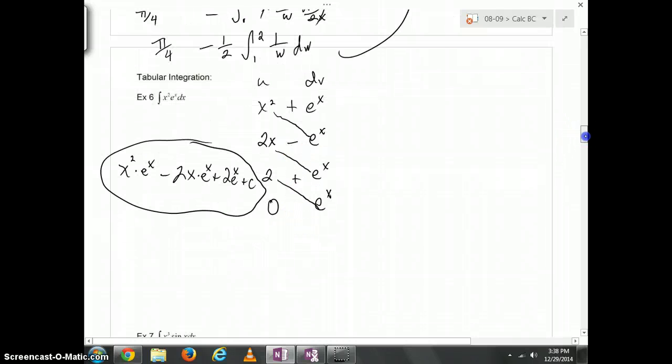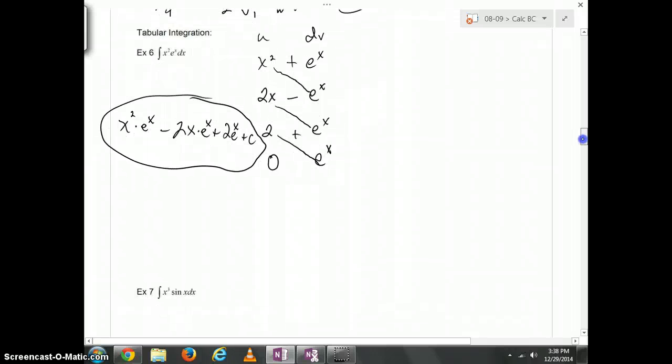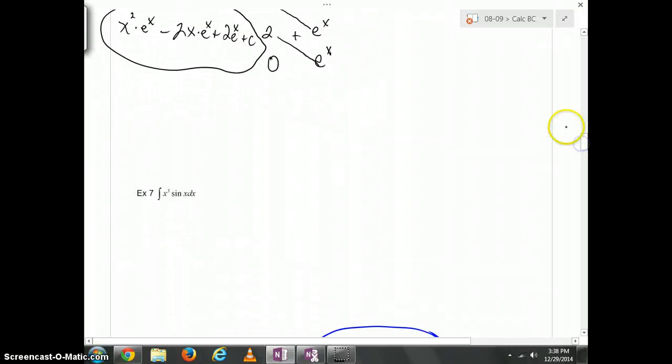Let's try one more. Let's say that we have x cubed sine of x dx. We could have our u equaling x cubed, our dv equaling sine of x. Our derivative would be 3x squared. Antiderivative of sine would be negative cosine.